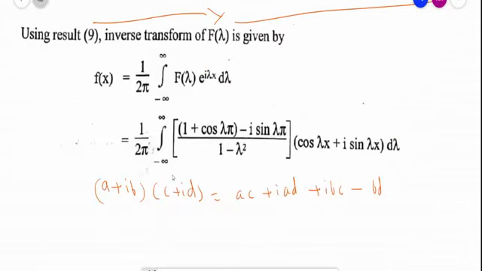So friends, once we obtain the value of F of lambda, then we have to think about the inverse Fourier transform, that is f of x, that can be given with the help of a chart or table, and that formula is f of x equal to 1 upon 2 pi integration from minus infinity to plus infinity F of lambda e raised to i lambda x d lambda.